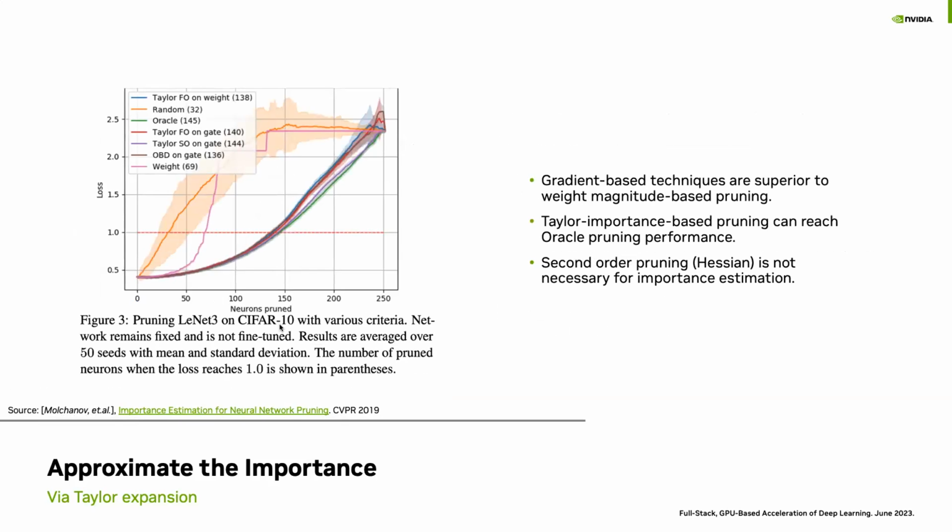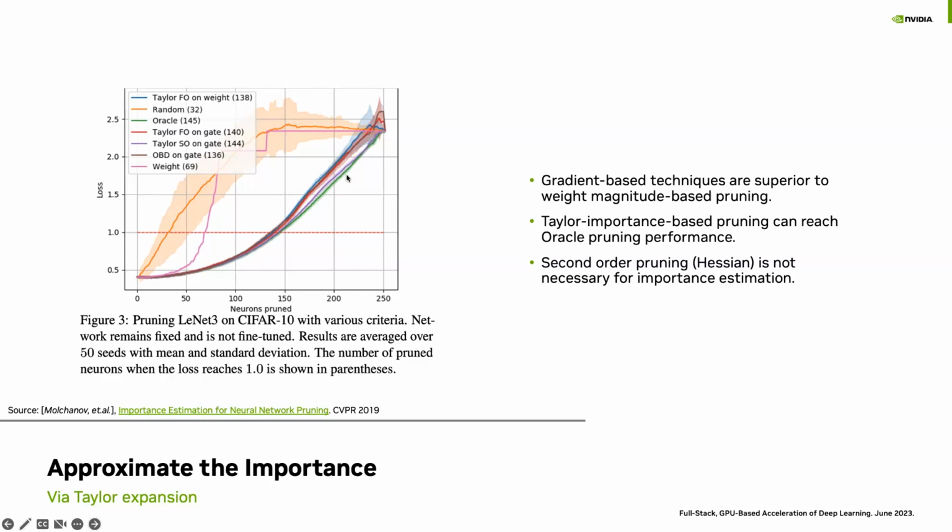Here we show how the loss would change if we apply pruning under different kinds of importance criteria. You can see there is a green line at the bottom. Can you see my mouse? Yes, so here we have the green line.